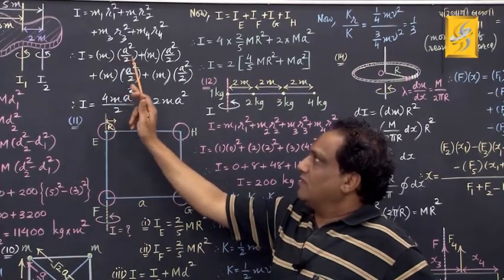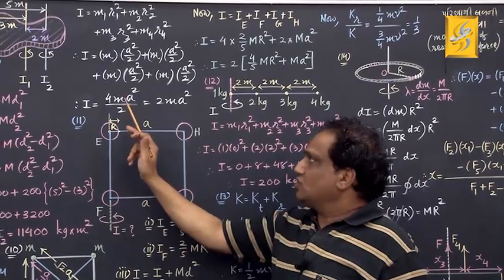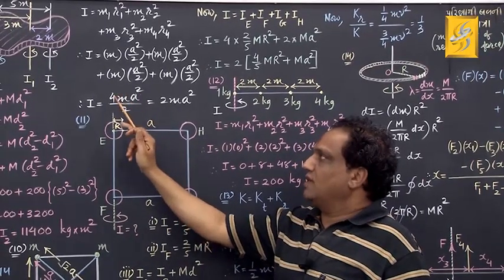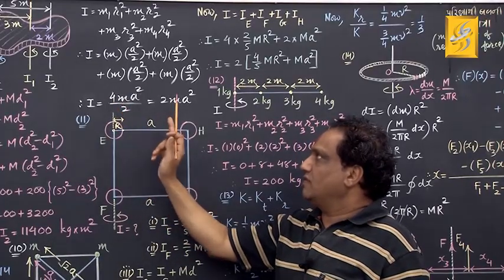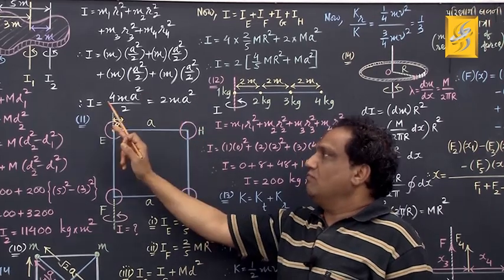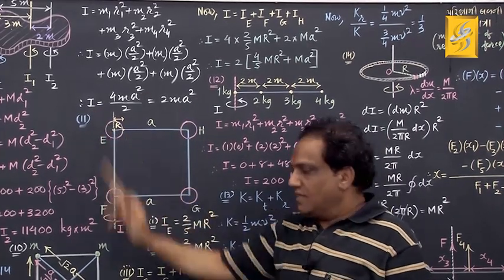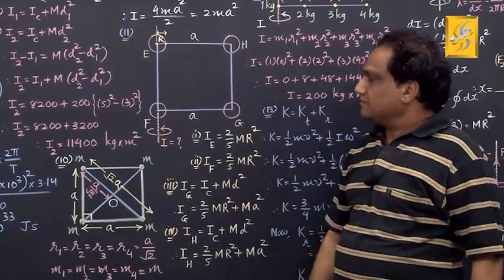So m into a square by 2, such a term is getting repeated in addition 4 times, so it should be multiplied by 4. 2 2s are 4, so it is 2ma square, got it? So this is the moment of inertia of the given system about the given axis of rotation, okay, fine.